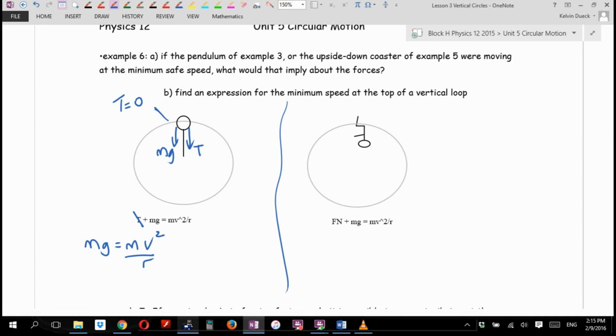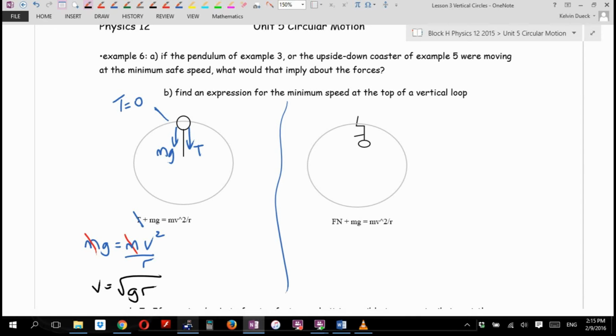Turns out the minimum safe speed doesn't depend on mass. And let's get the v by itself. Times r, and then? Turns out the minimum safe speed is the square root of g times r, for a rope.